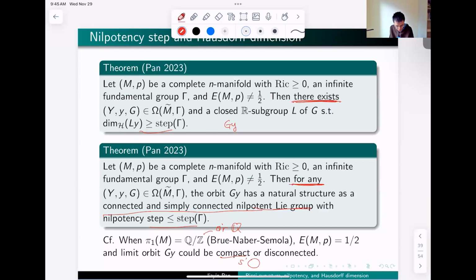This compares to the result that if the escape rate is not 1/2, then the limit is always non-compact, and it's a connected, simply connected nilpotent group. All right. Any question at this moment?